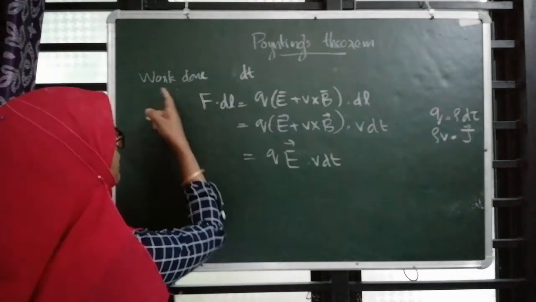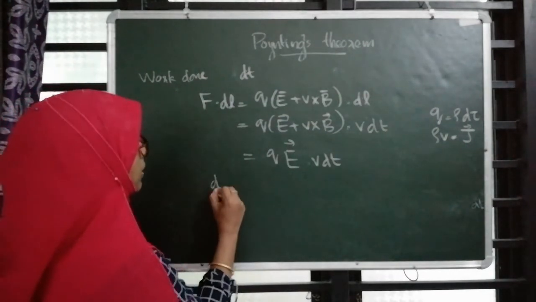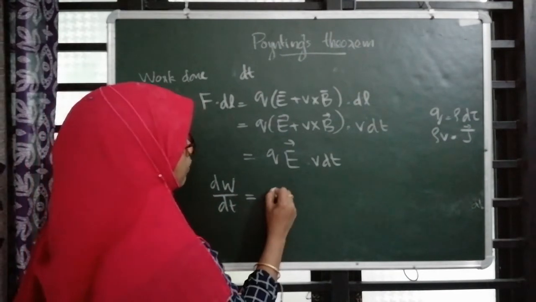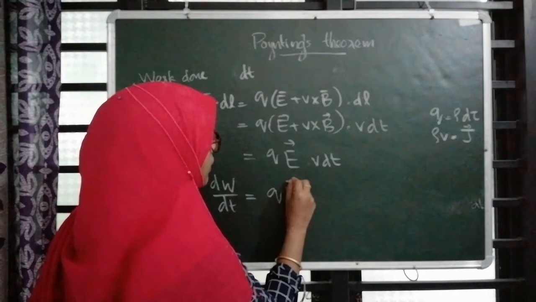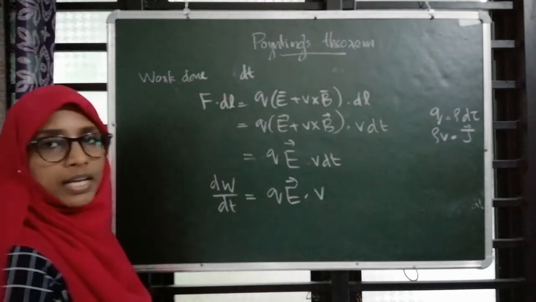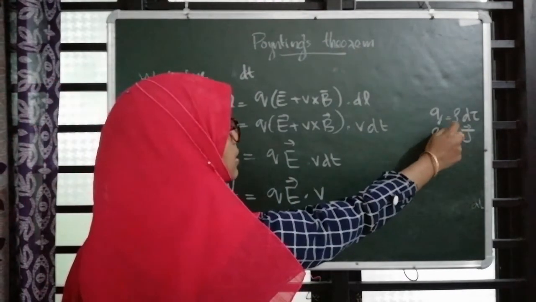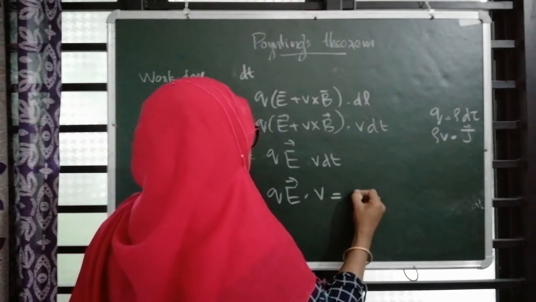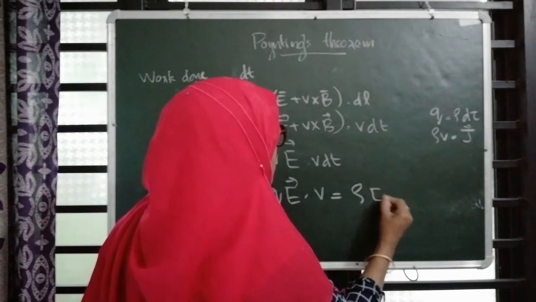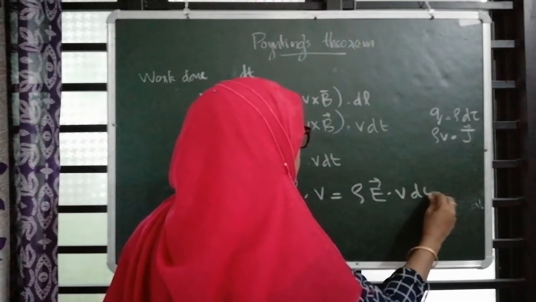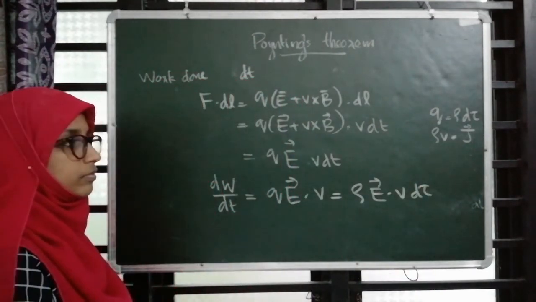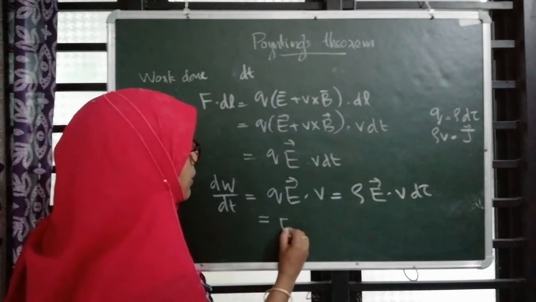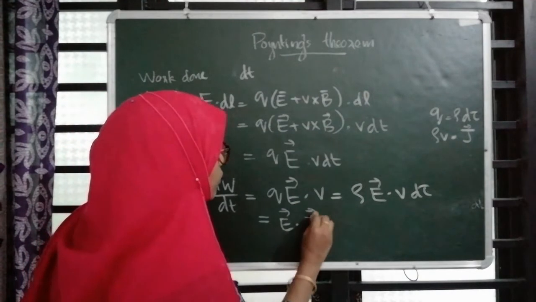Before that, if we are considering the work done per unit time, dW by dt will be equal to Q E dot V. By substituting these terms, Q is equal to rho d tau, rho E dot V d tau, that's equal to E dot J d tau.